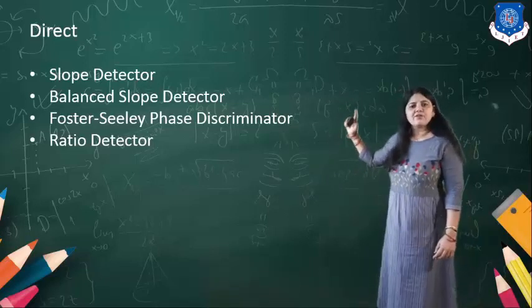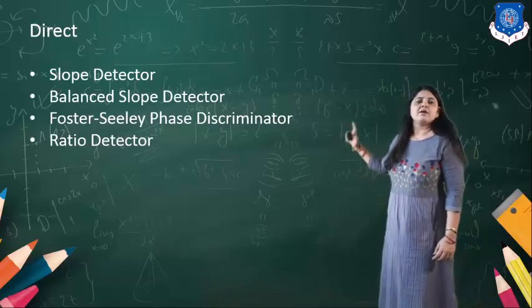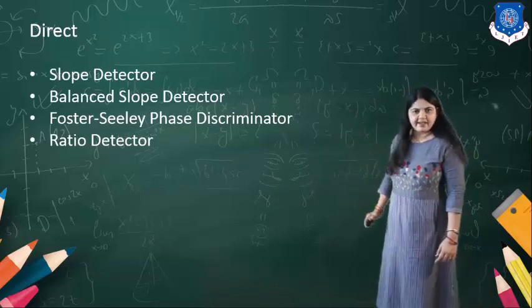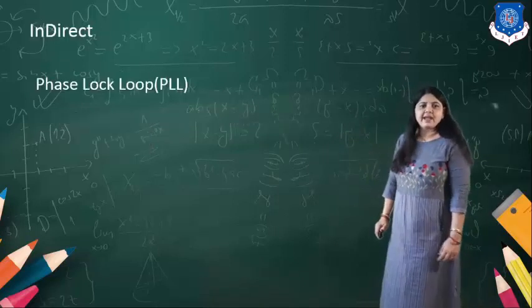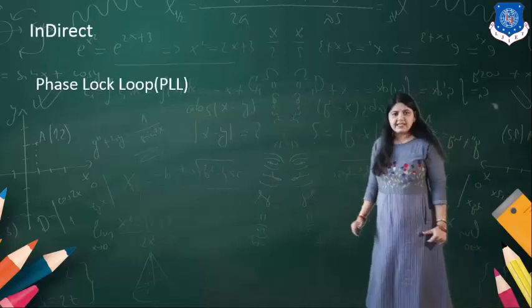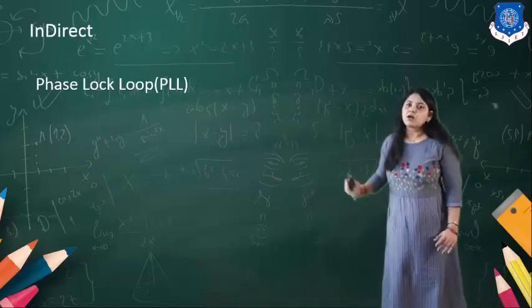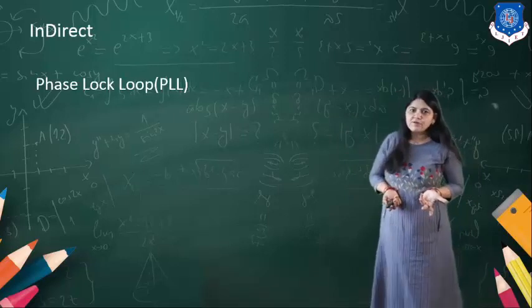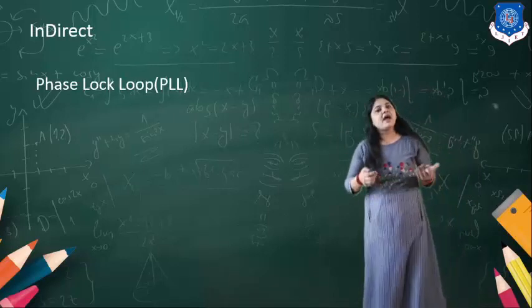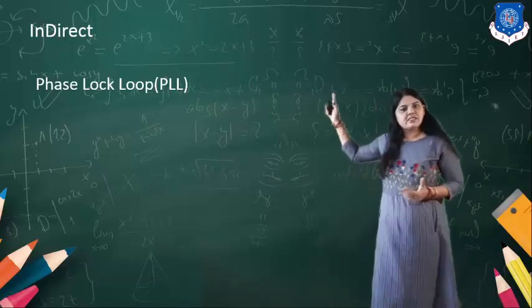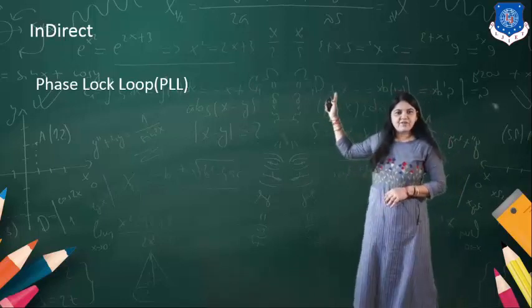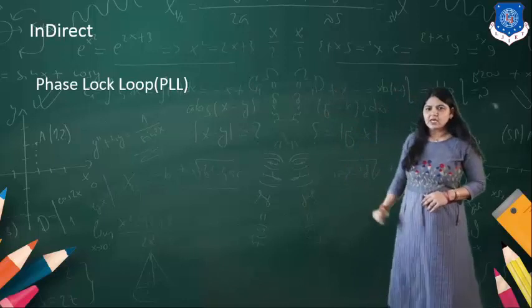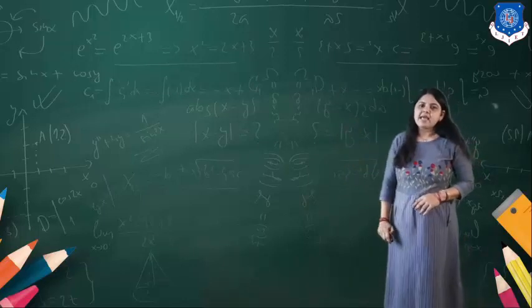These are the various demodulation techniques. And the indirect method is the phase locked loop. Similarly, as we learned in FM generation, the Armstrong method is part of indirect FM; over here, it's the PLL.